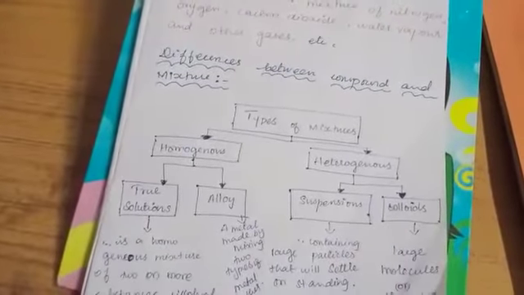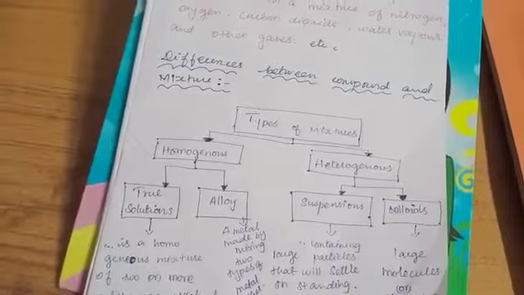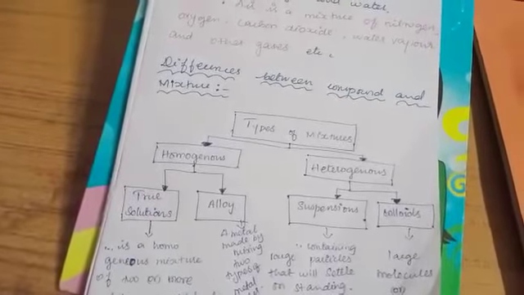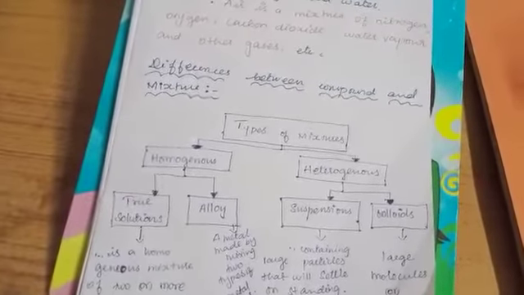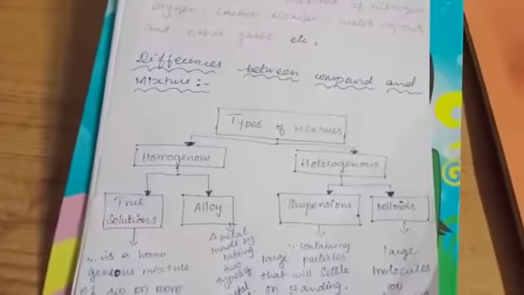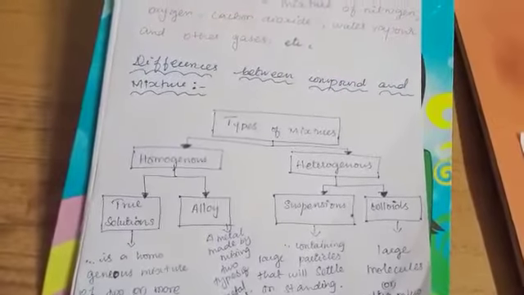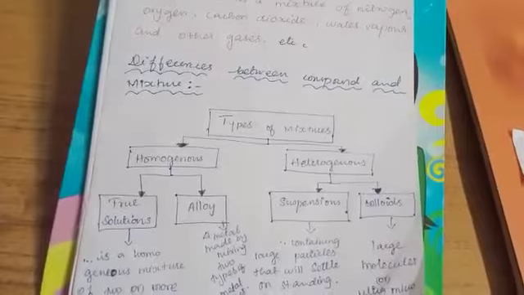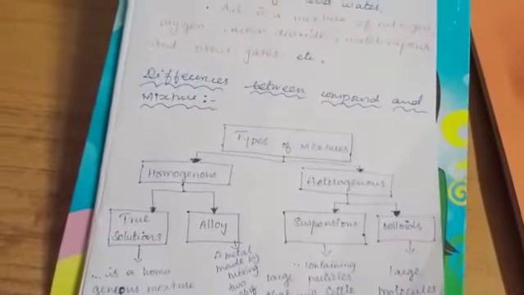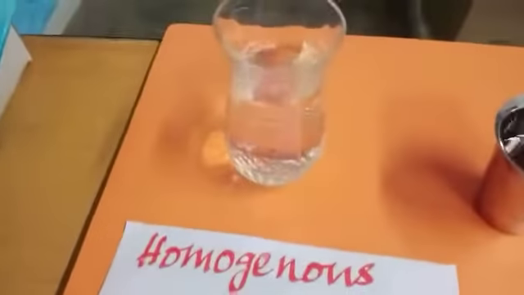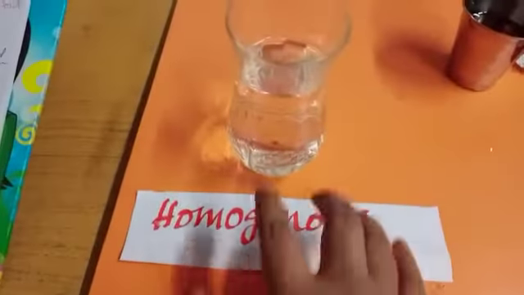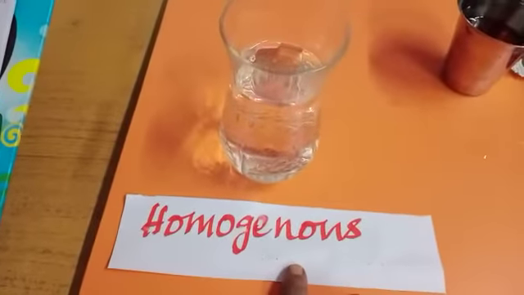A mixture in which the components cannot be seen separately is called a homogeneous mixture. It has a uniform composition and every part of the mixture has the same properties. For example, salt solution. Look here. This is an example for homogeneous mixture.